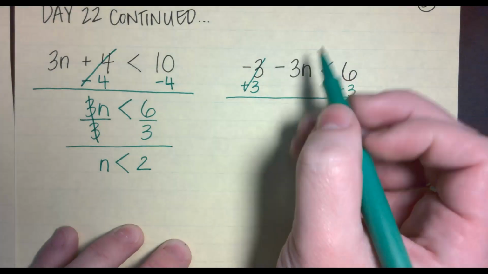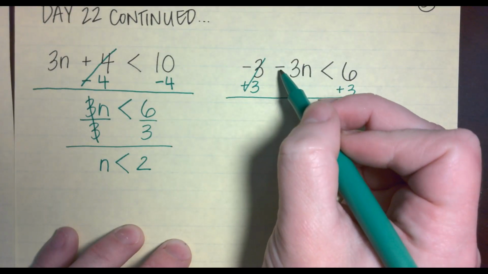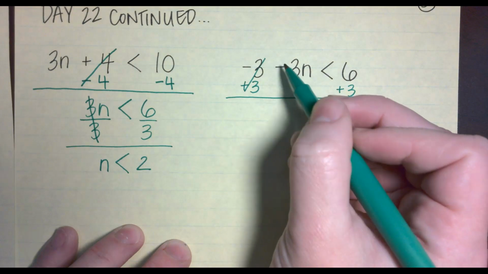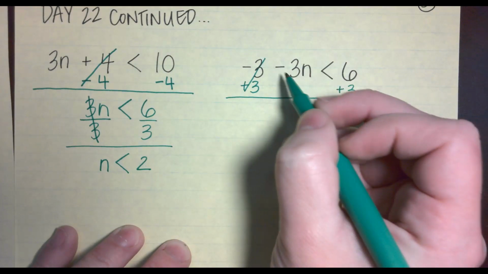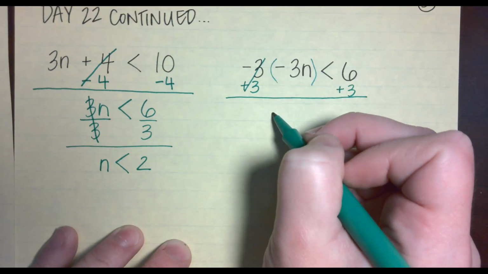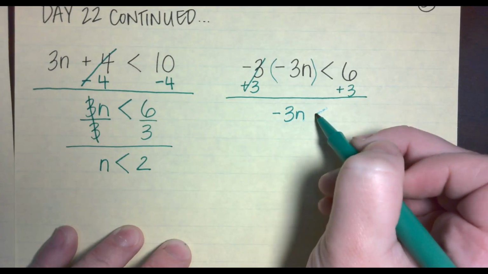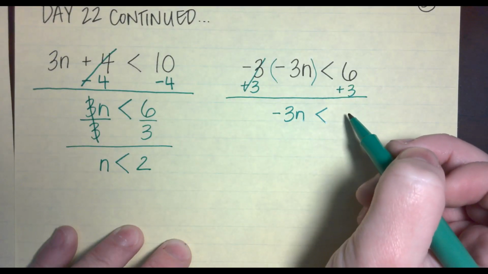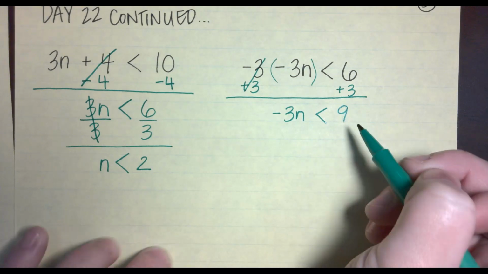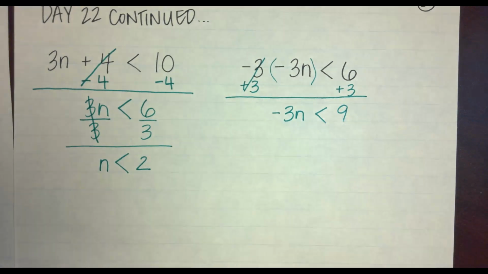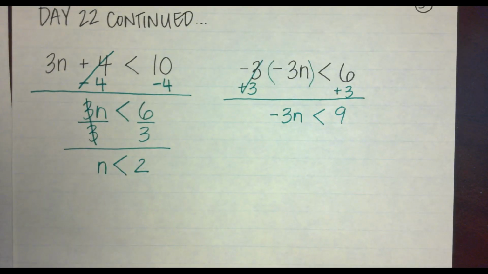Yes, yes. So something I see a lot is we'll forget to bring this minus down, or this -3n. We need to keep that when we bring it down. So good job. -3n is less than 6 plus 3? 9. Good. Okay, last step. What do I do? Divide.